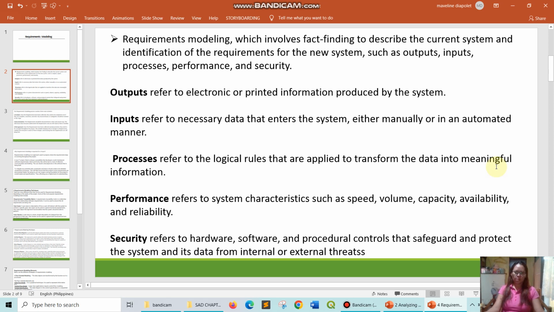Performance refers to system characteristics such as speed, volume, capacity, availability, and reliability. Security refers to hardware, software, and procedural controls that safeguard and protect the system and its data from internal to external threats.